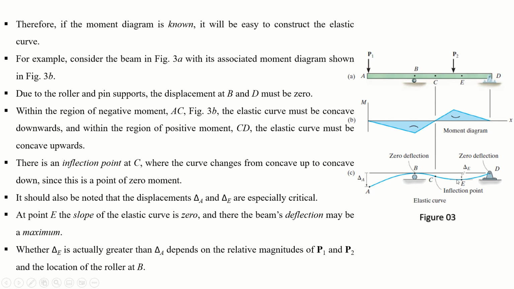So here the deflection is maximum in this span. Whether delta E is actually greater than delta A depends on the relative magnitude of P1 and P2 and the location of the roller at P. So whether delta A will be greater than delta E or not only depends upon the magnitude of these forces, right?